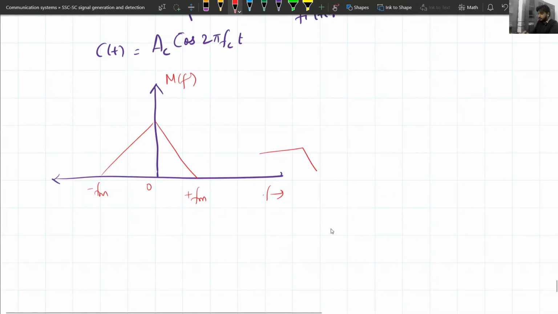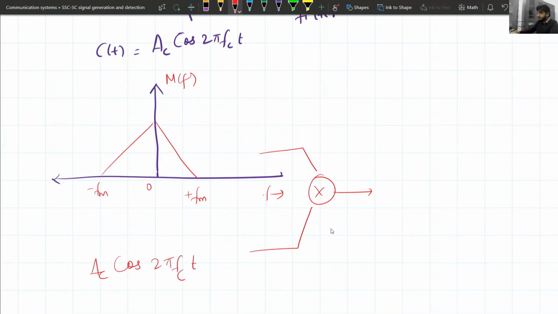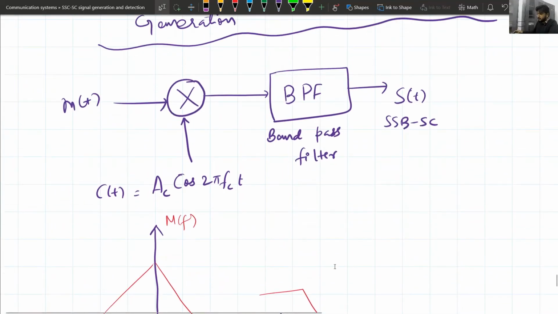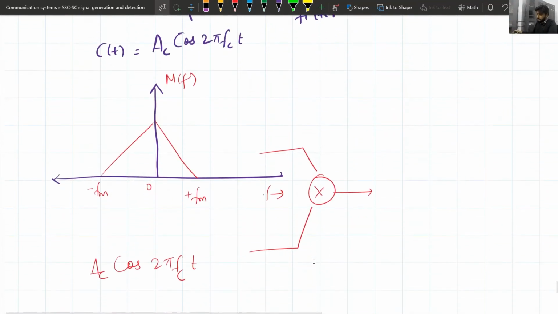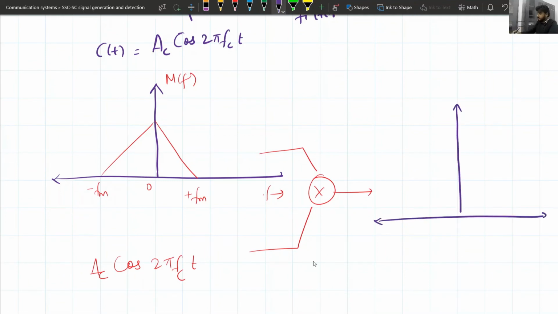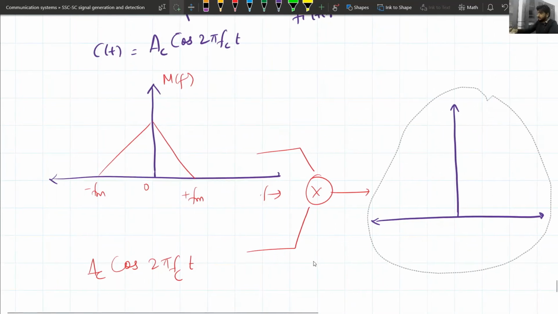What we are doing? We are multiplying with the product modulator, multiplying this signal with the frequency Fc. Let's call it as S dash T, and this as ST. Then the signal that we obtain will be, or let me draw the same in a fresh manner.